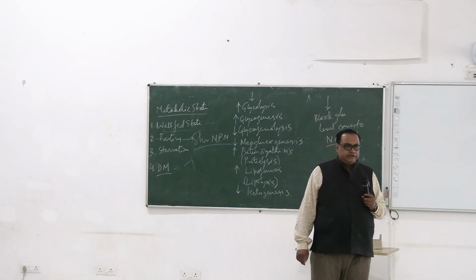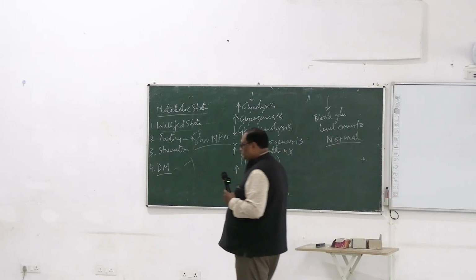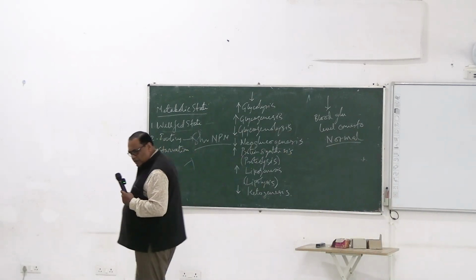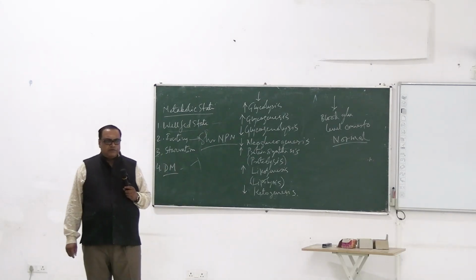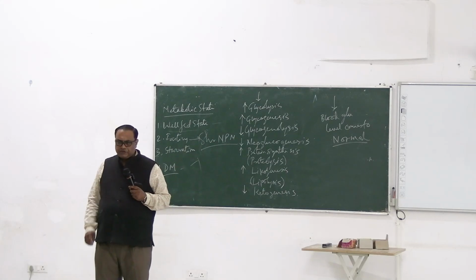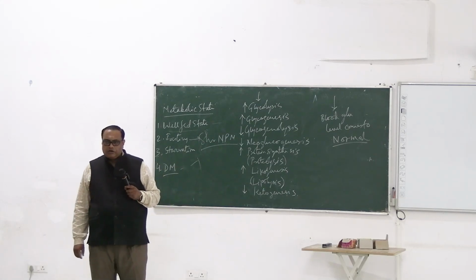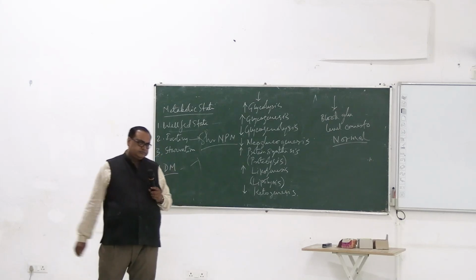Blood glucose level tends to fall. Arrow. Increased secretion of glucagon. Up arrow. Glucagon secretion. Follow? Arrow.